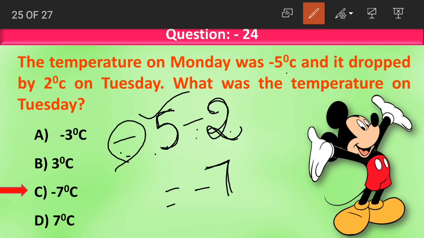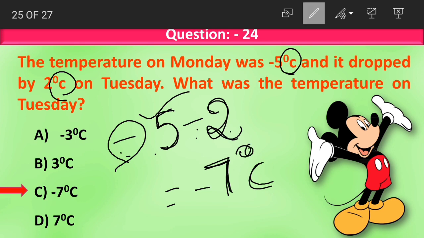And another important thing is, in the question, the numbers are given using the Celsius unit of measurement. So the given answer should also be written in the form of Celsius.